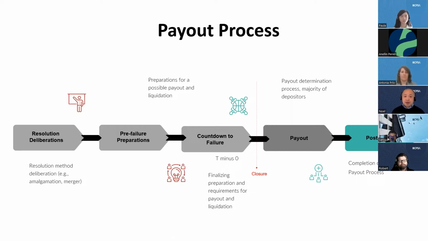If the resolution options are not feasible solutions, the process then moves to pre-failure preparation to ensure that BCFSA and QDIC are prepared for payout. If payout is chosen as the only option for resolution, then closure and payout processes are actioned. Please note, this diagram is included within the V3 data requirements document.